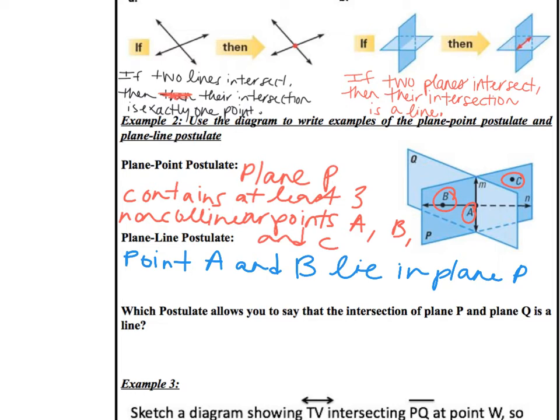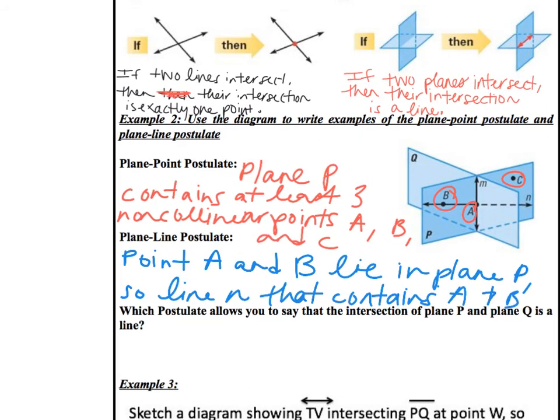Yep, so line AB or line N. Line N that contains AB. A and B also lies in the plane.